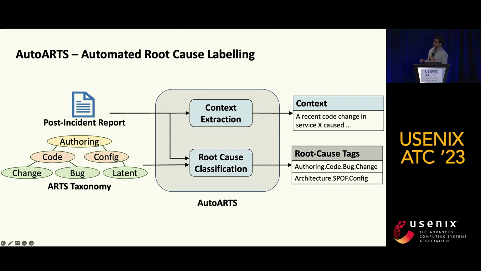Note that we intentionally keep these two tasks separate because root cause labeling should be continuously evolving, and ARTS taxonomy might not have the tags necessary for a particular incident. So this separation enables experts to discover new tags based on the context that is extracted by the tool.